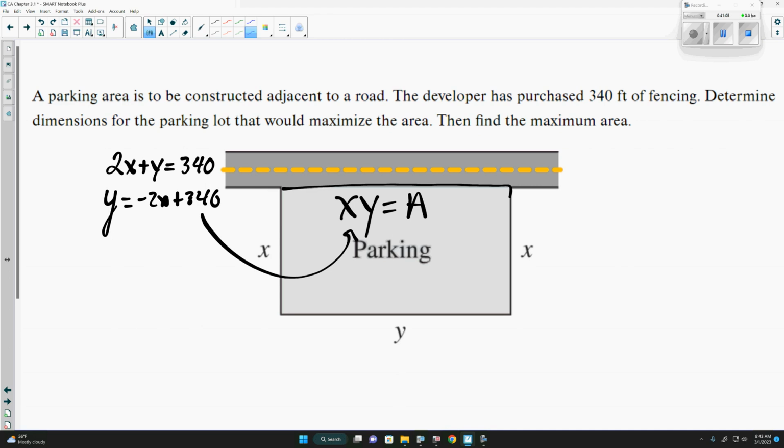Substitute this in for y, and we would actually find the area, the maximum area, which would be x times negative 2x plus 340. And if we find the vertex of this graph, we actually have the maximum value of the area that we can have with the side lengths given. But that's a side note there.